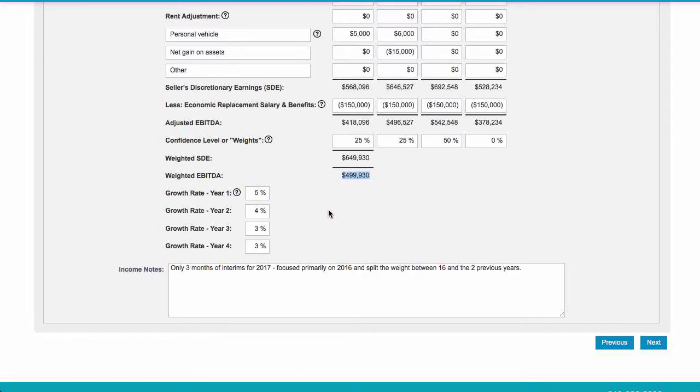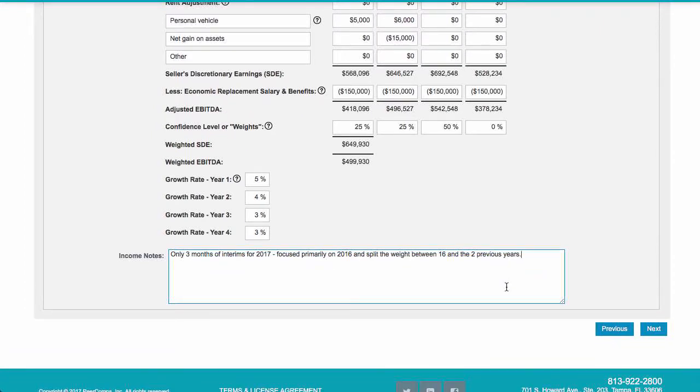So we've added 5% growth in our first year, 4% growth in our second year, and then 3% growth there on out into perpetuity. Again, our notes at the very bottom, the notes that I have here say only 3 months of interims for 2017, focus primarily on 2016 and split the weight between 16 and the 2 previous years.